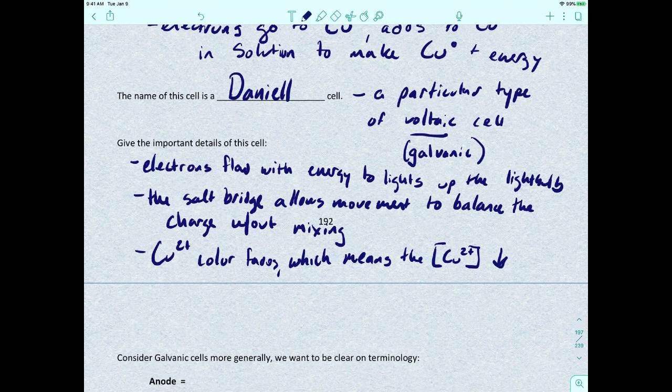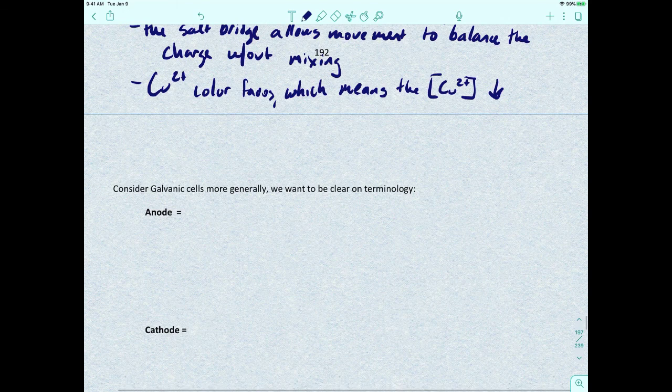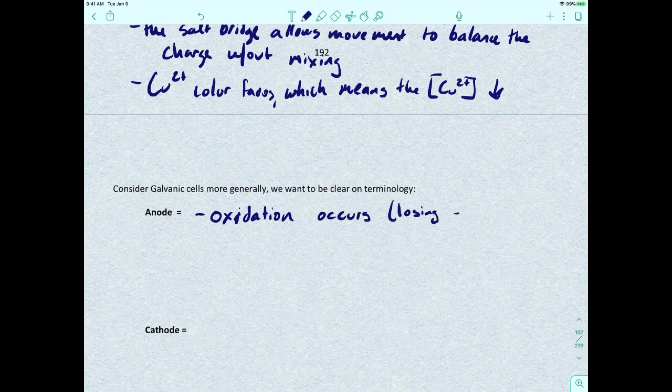Now, if we're going to talk in more general terms of what's going on at a galvanic cell, let's be clear on some of the terminology. So the anode is where oxidation occurs. And we're losing electrons. Here, the electrons are produced and donated.